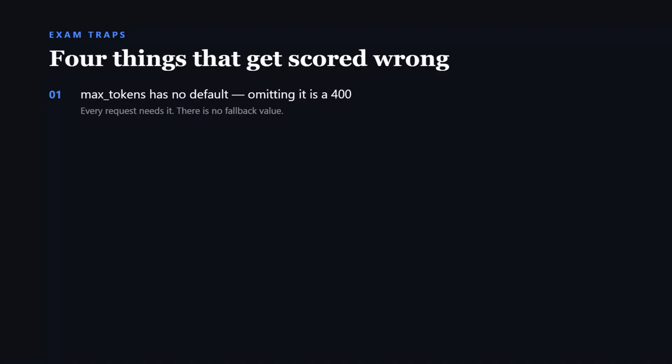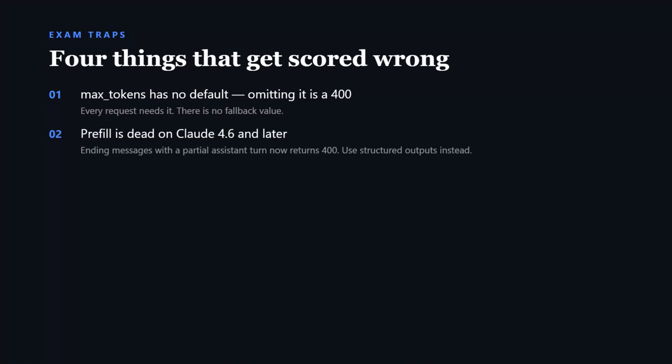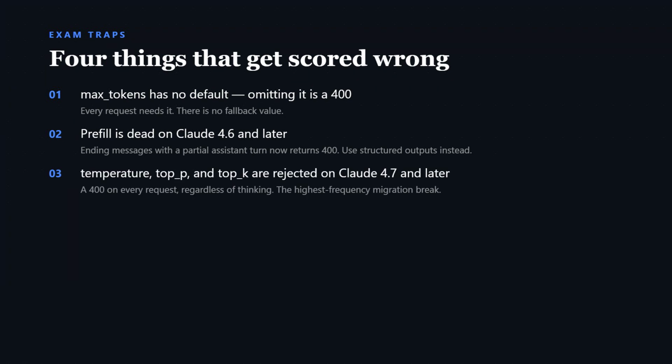Four more traps. One: max_tokens has no default, omit it and you get a 400, full stop. Two: prefill is dead on Claude 4.6 and later. Ending your messages array with a partial assistant turn to force a format used to work, now it's a 400 telling you the model doesn't support prefill. Use structured outputs instead.